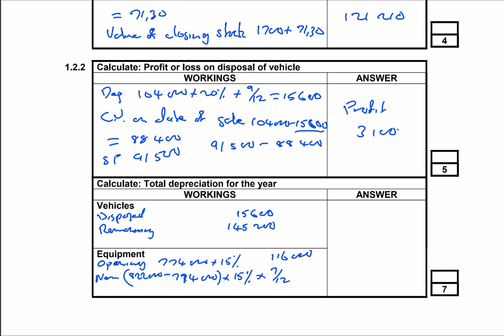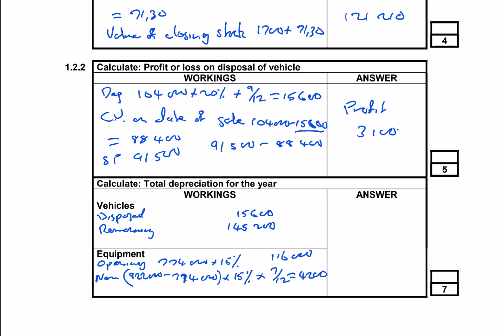Then 822,000 minus 774,000. That's 48 times 15%, times 7 divided by 12. That's 4,200.